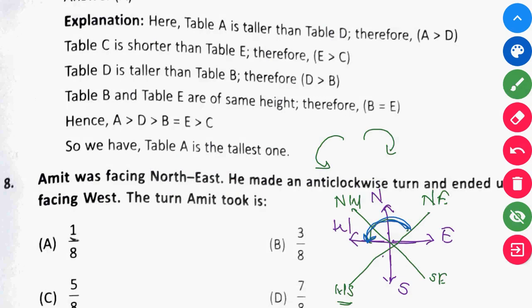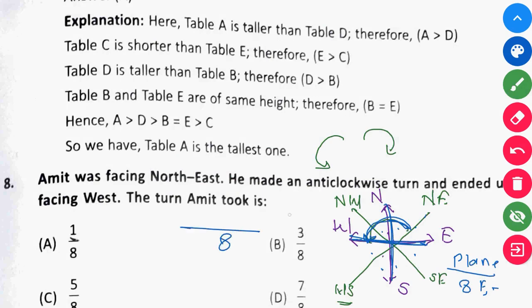Okay. So how many turns did he take? Now see, when we are thinking about northeast, northwest, southwest directions, we have divided the plane into 8 equal parts. So 1, 2, 3, 4, 5, 6, 7, 8 are the equal portions.